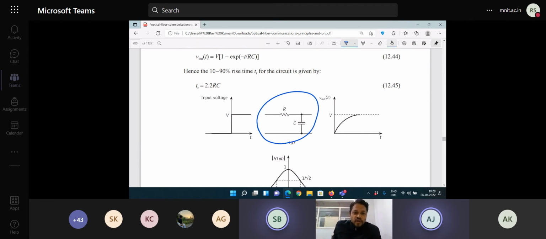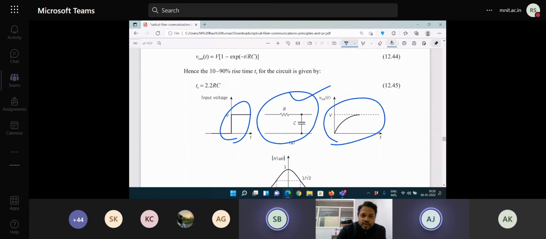When the input voltage is a step input, you can expect a slowly increasing value of the output at the output of this RC circuit. The rise time associated with such a circuit is 2.2 RC.